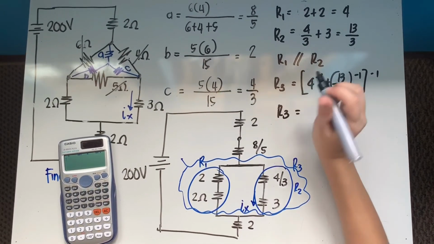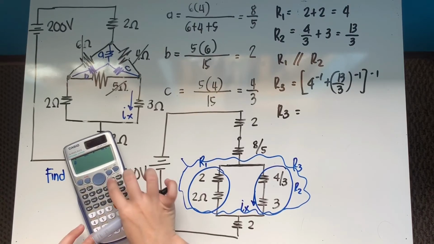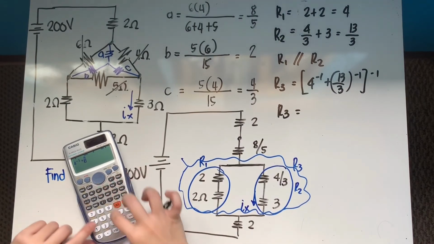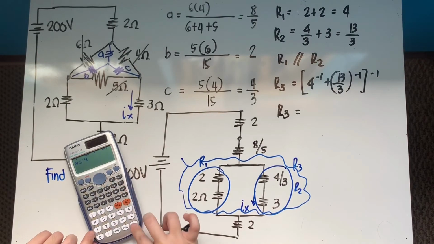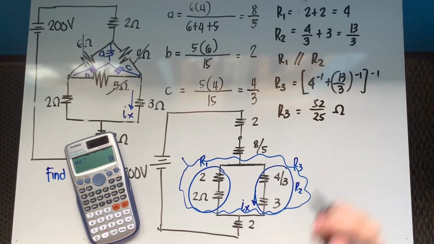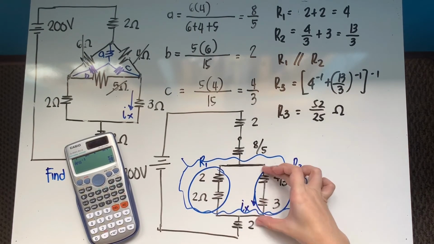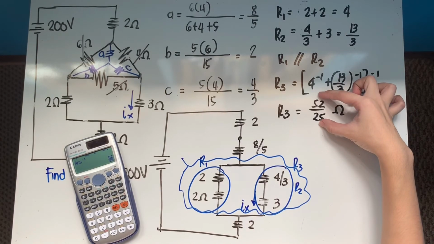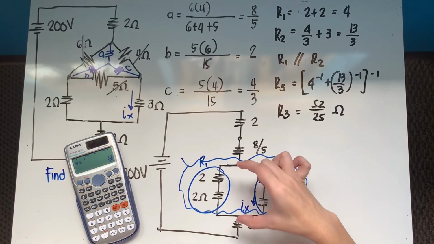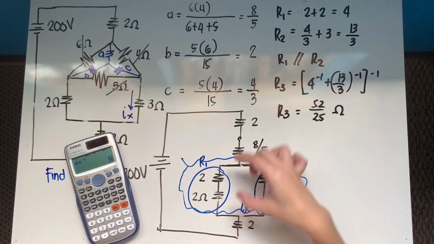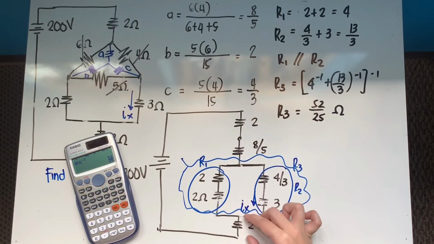R3 will be equivalent to 4 inverse plus 13 over 3 inverse is 3 over 13 inverse. That's 52 over 25 ohms. So, kung nakuha mo na yung series nito, pinarallel natin, that would be 1 resistor na lang, and that's 52 over 25. That 52 over 25 will be placed here as replacement to these two branches, and it will be series to 2, 8 over 5, and 2.